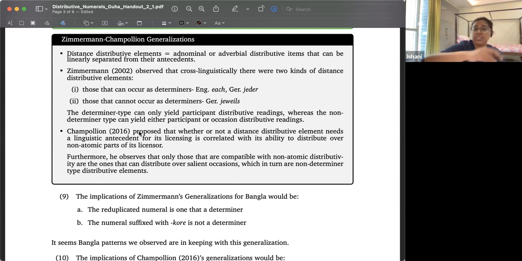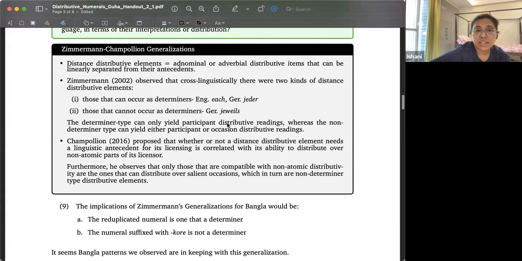So he observes that the determiner type, this is the important one, can only yield participant distributive readings, whereas the non-determiner type can yield either participant or occasion distributive readings. This is somewhat like what we saw for reduplication and Kore forms, for Bangla and even Malayalam.